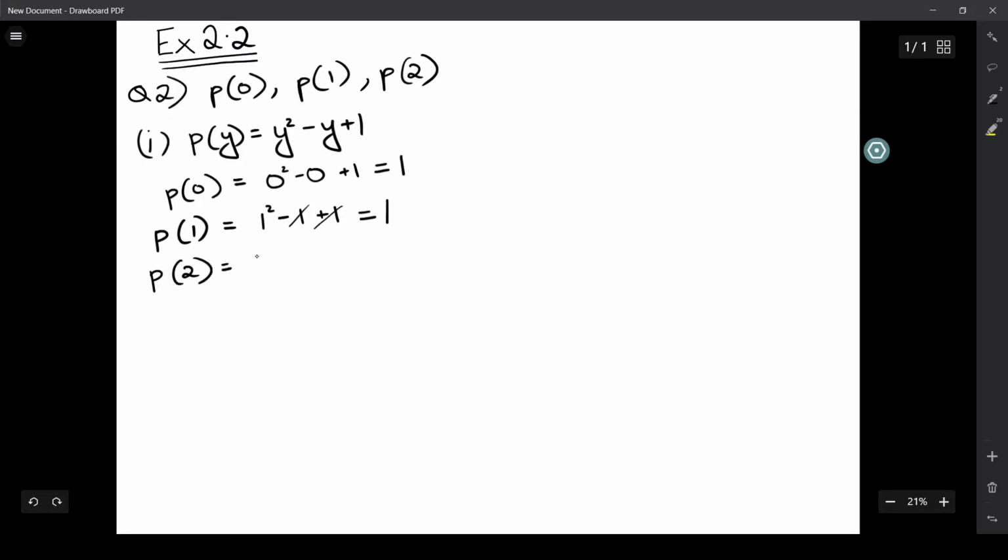P of 2, we will replace y with the number 2 and we get 2 square minus 2 plus 1, which is equal to 4 minus 2 plus 1, which is equal to 3. And that's the first part.